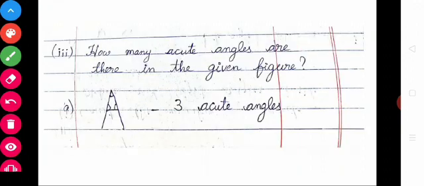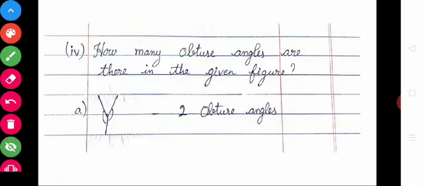And the next one, how many acute angles are there in the given figure? 1, 2, 3. 3 acute angles. And the next one, how many obtuse angles are there in the given figure? 1 and 2. 2 obtuse angles.